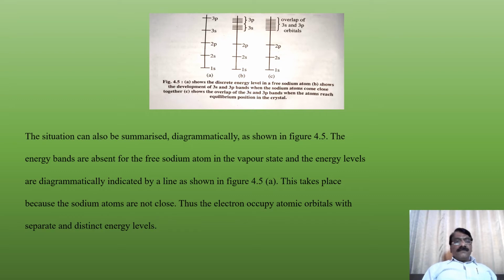The energy bands are absent for the free sodium atom in the vapor state, and the energy levels are diagrammatically indicated by a line. This takes place because the sodium atoms are not close. Thus, the electrons occupy atomic orbitals with separate and distinct energy levels.